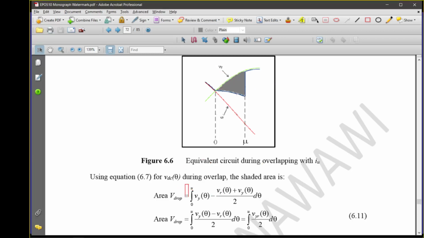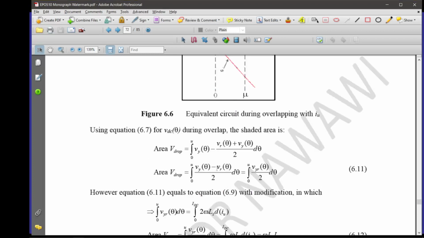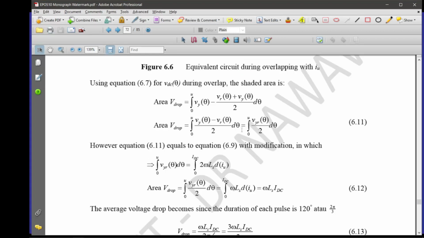So we have the integral from 0 to U of VY minus (VR plus VY) over 2. This is your equation, VY minus (VR plus VY) over 2. That gives you the area here, and you integrate 0 to U, and then you solve that, and you find that it is VYR, and we solve again.